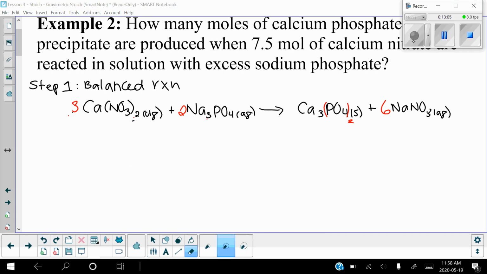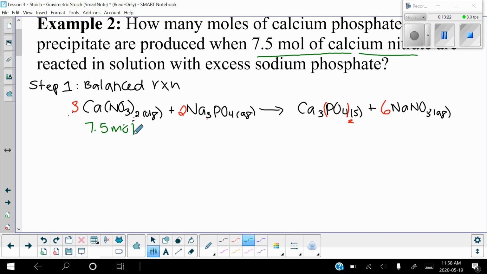Okay, after the balancing, we are then going to list our known and unknown values. My known is that I have 7.5 moles of calcium nitrate. Okay, you can have knowns on the product side as well and work back to the reactants.